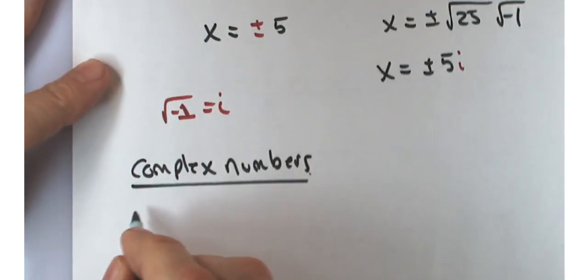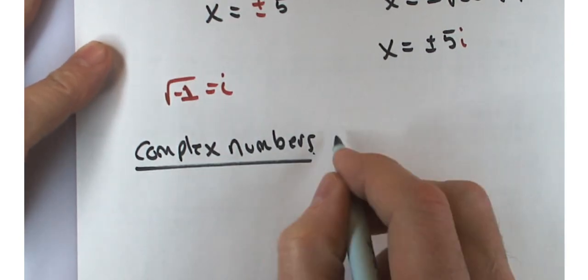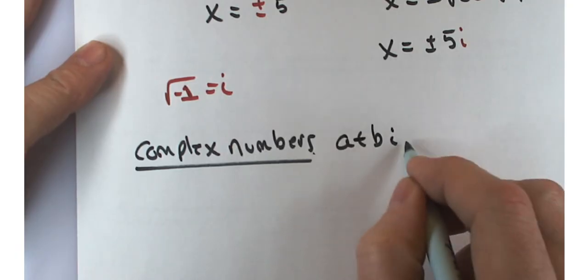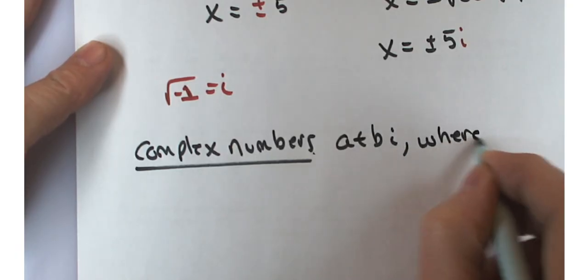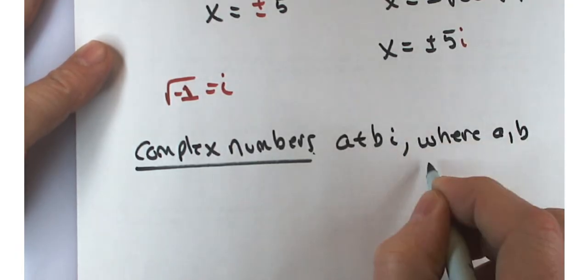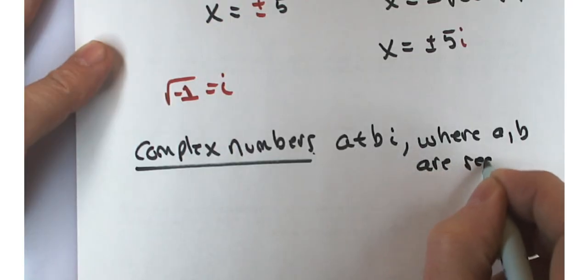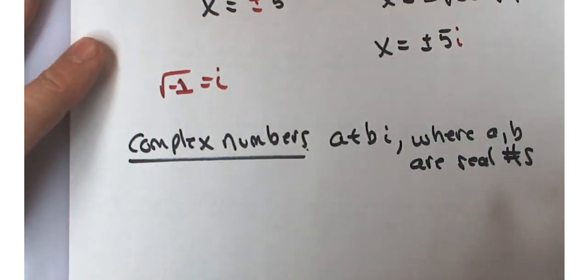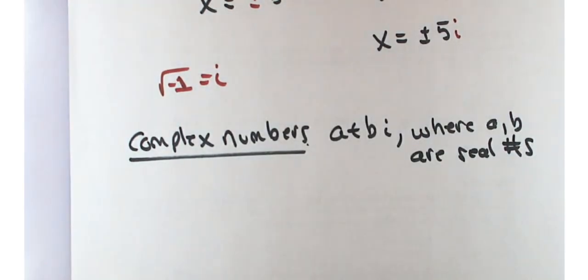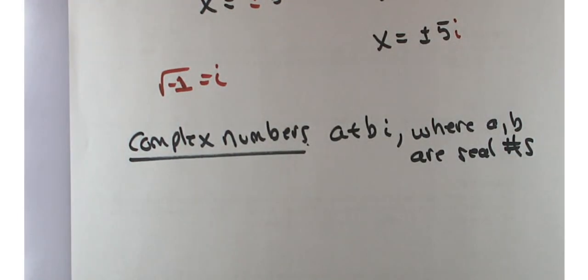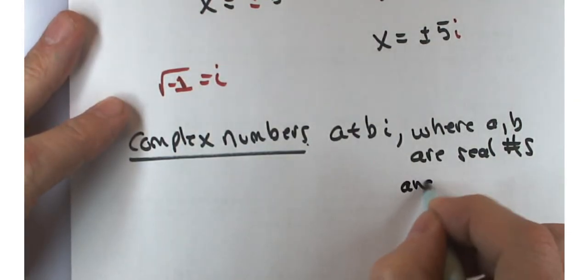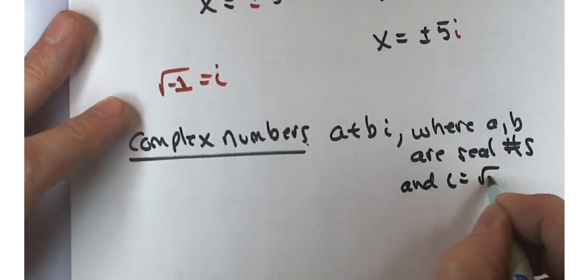They're going to generally be of the form a plus bi, where a and b are real numbers, and i equals the square root of negative 1.